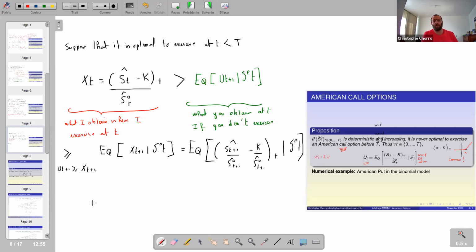And it's here that we are going to use the Jensen inequality for conditional expectation.